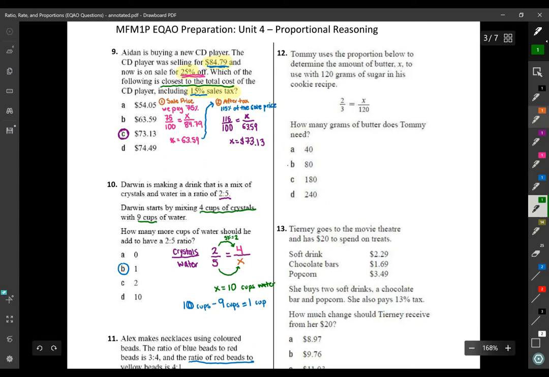I can go from 3 to 120 by multiplying by 40. So I can do the same thing to solve for x times 40. That means x is equal to 2 times 40, which is 80. So Tommy will need 80 grams of butter.